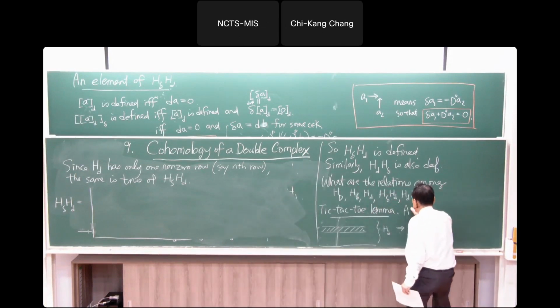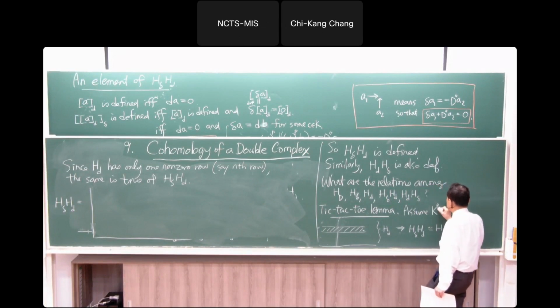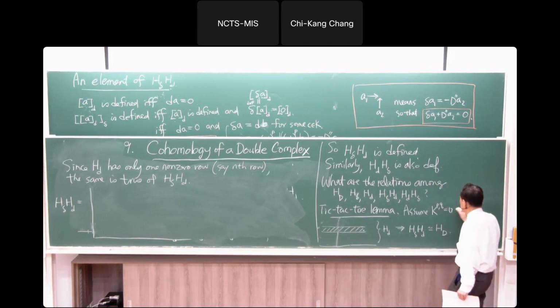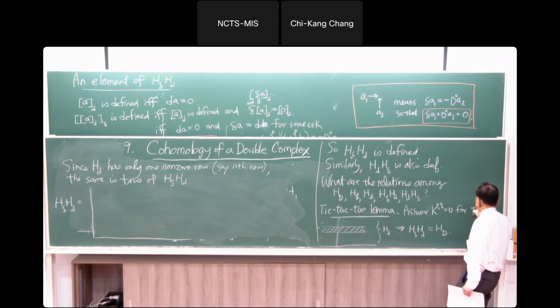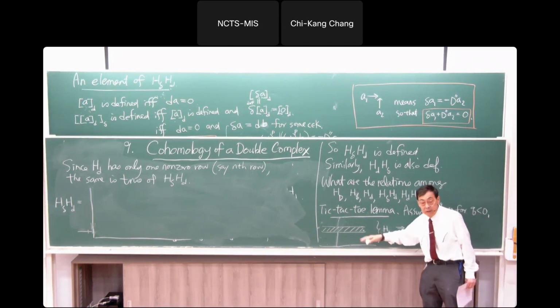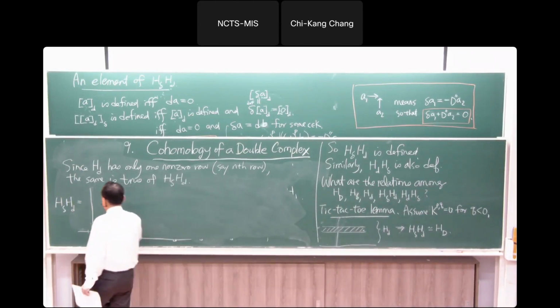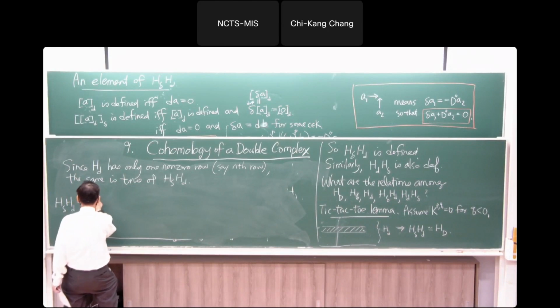So that means assume K of PQ is 0 for Q negative. Okay? So there's nothing below the horizontal axis. And I have only one non-zero row.